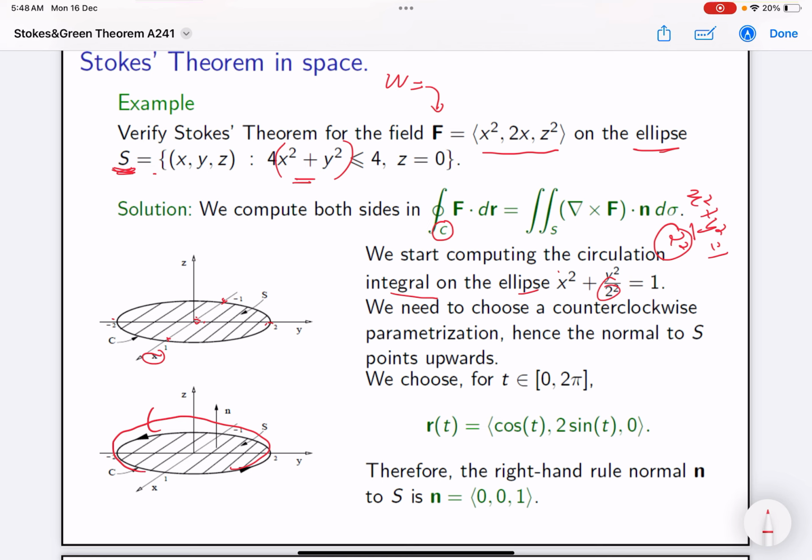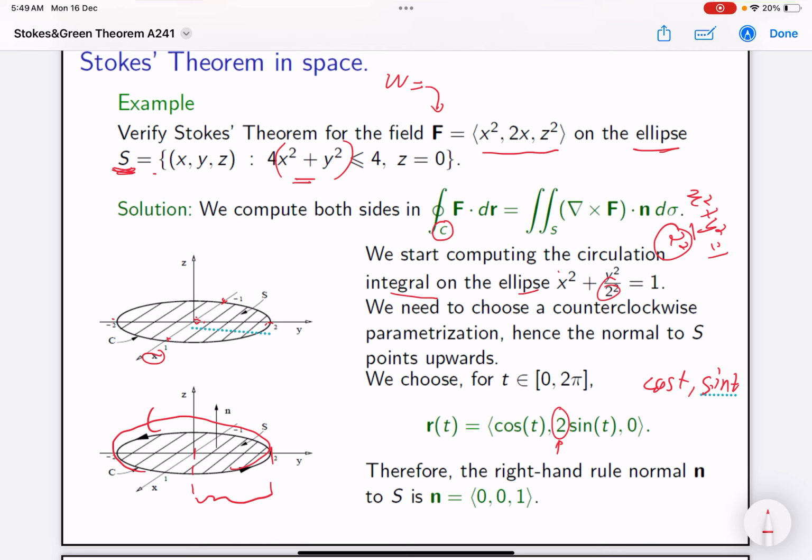So for parameterization you have cos t, 2 sin t. Normally for circles you have cos t, sin t, but for the ellipse that has a magnitude of 2 on the y component, it becomes 2 here. Therefore the right hand rule normal is pointing forward.